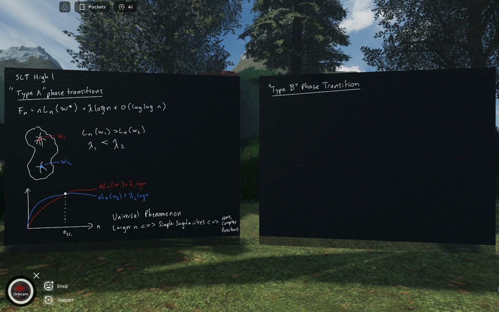That's because there are these higher order terms in the free energy formula. So, log log n, this lower order term, is very slow. So for now, let's just treat it as a constant.